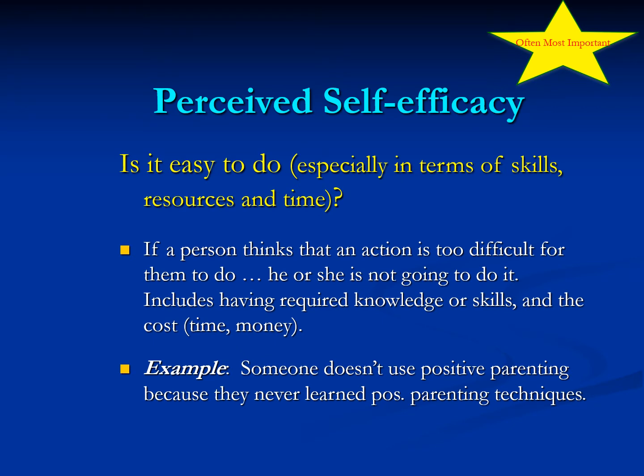So we won't have time today to go through all of the determinants that are standardly assessed, but let's talk about a few of the most important ones. These are some of the ones that you should really assess in any barrier analysis study. Note the yellow star for this one, perceived self-efficacy. It's one of the most important determinants found to be important in barrier analysis studies. And when we looked at 150 different BA studies, 86% found this one to be significant.